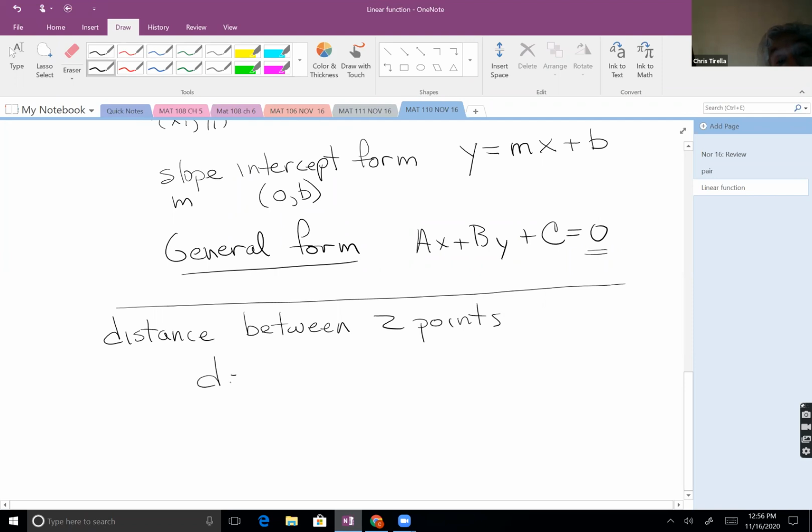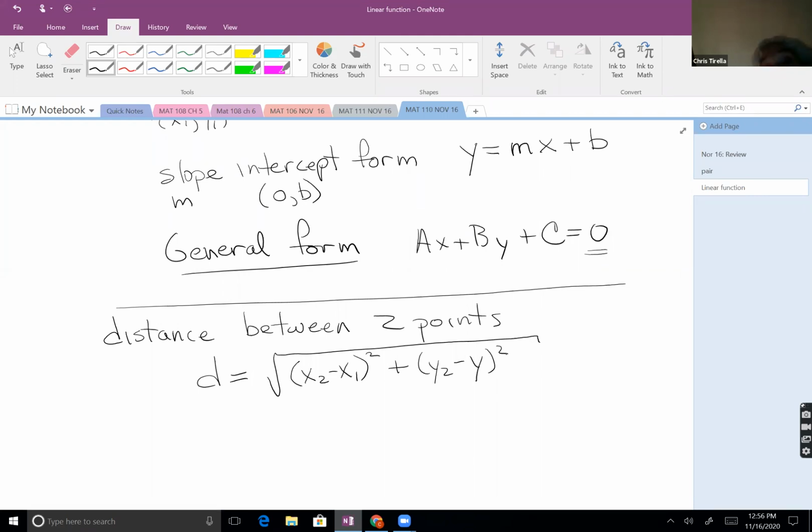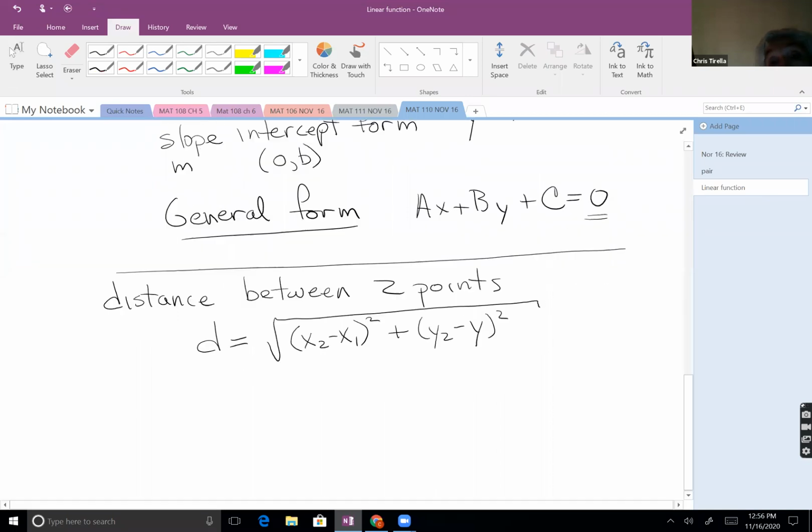And the distance between 2 points turned out to be a real large radical. The square root of the entire expression will take the difference in those x values and square it. We'll add to that the difference in the y values squared. And so the distance is the square root of the sum of the difference in the x values squared plus the difference in the y values squared.